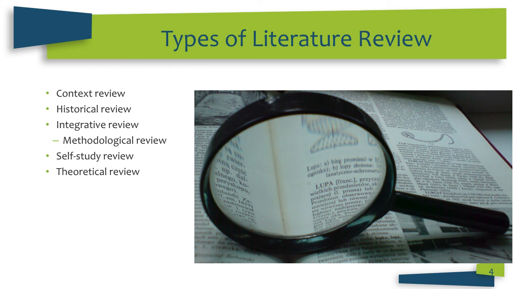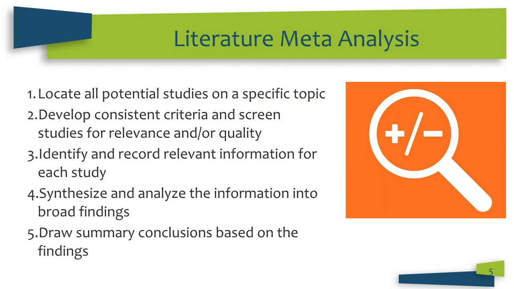And finally, there are two types, or maybe not exactly types of literature review, but you would find them in the literature. One is systematic review, and one is meta-analysis. We'll look at these two in the next few slides. So first, literature meta-analysis. As we discussed in the type integrative review on the last slide, the idea of meta-analysis is that you collect all possible studies on a specific topic and you develop a consistent criteria for screening the studies, whether they are relevant to your topic or not.